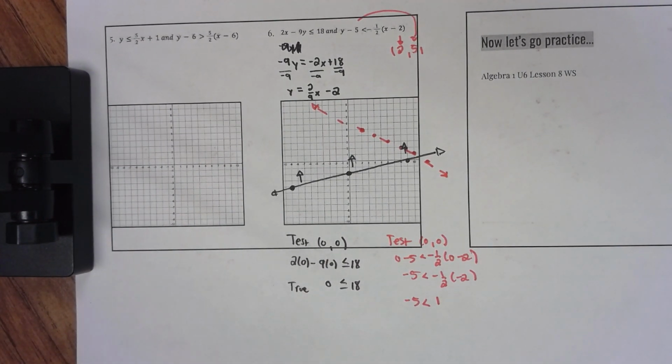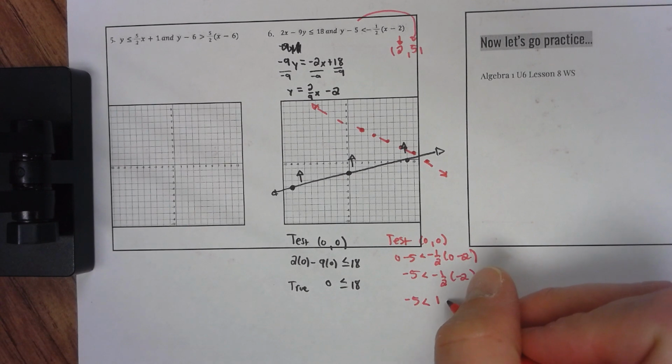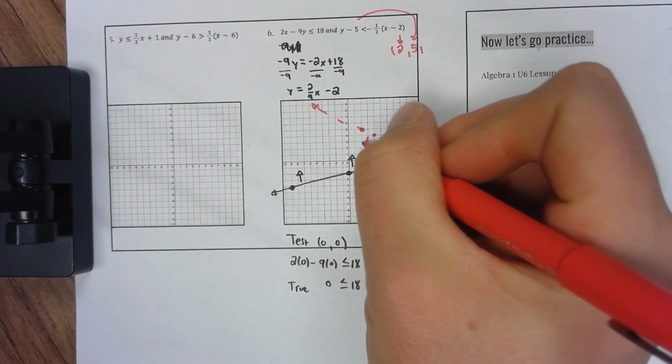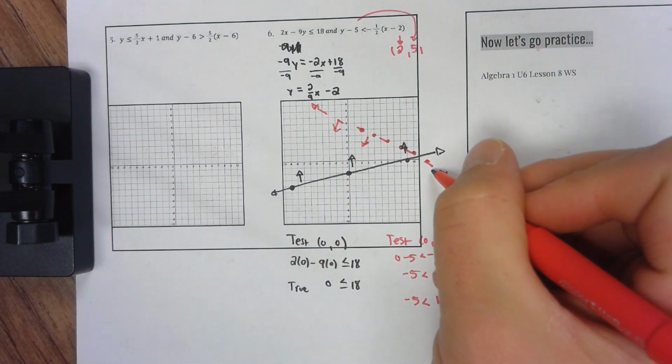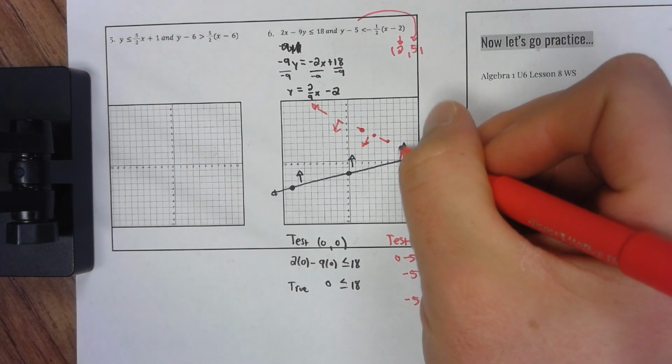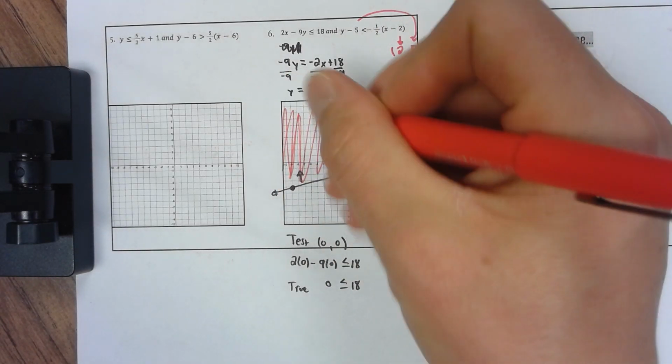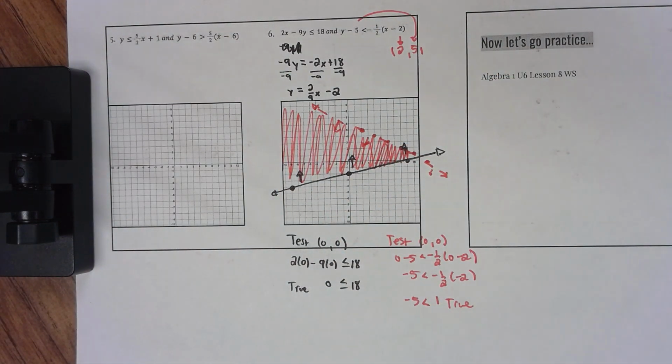And negative 5 is definitely less than a positive 1. So this is true. And thus we're shading towards 0, 0. And the overlap is kind of this left section. Okay, well, we will stop there.